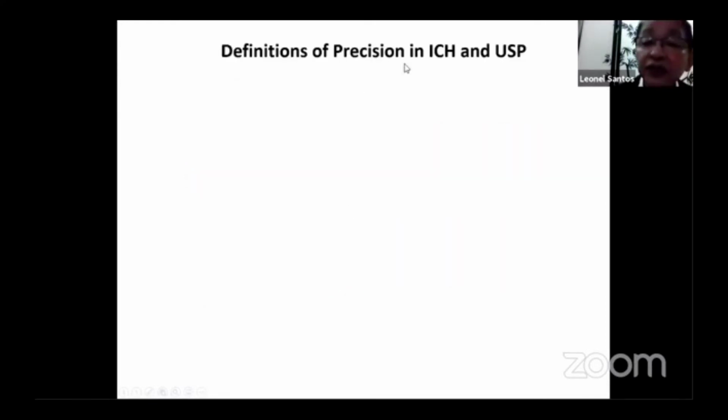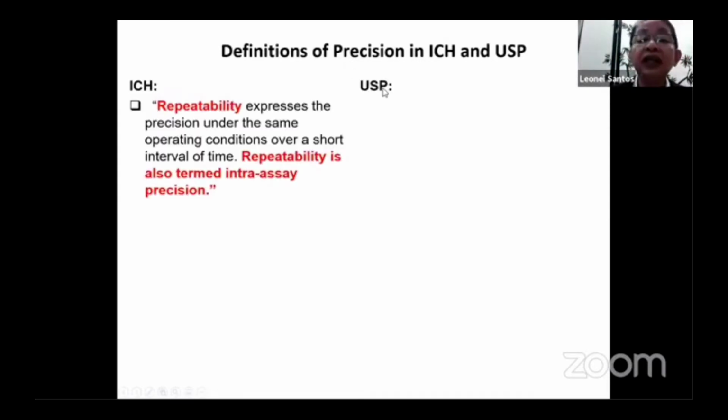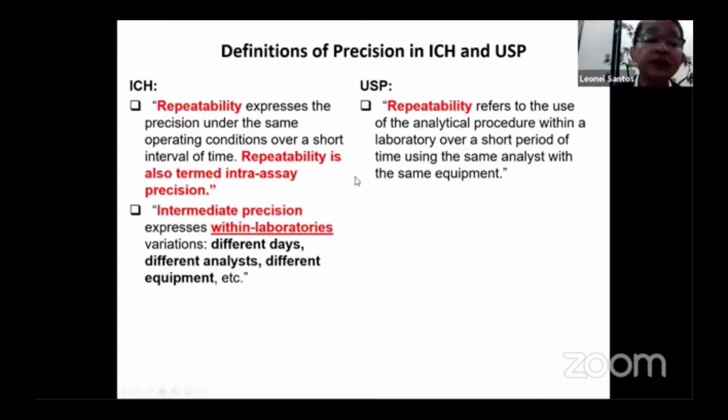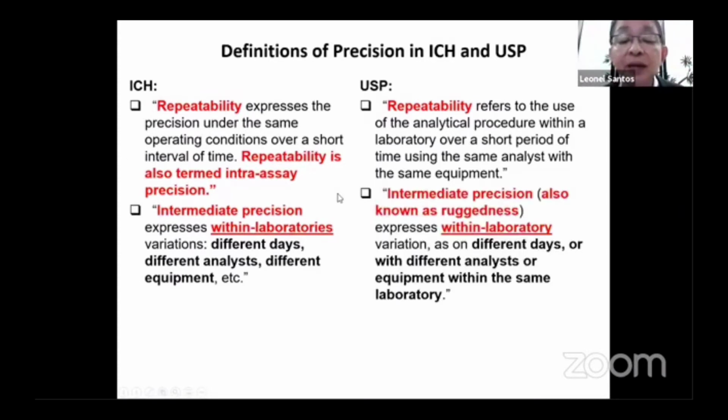In terms of the definition of precision between ICH and USP, ICH has three things about precision. One would be the repeatability, and it's the same definition for USP, which is the same laboratory for a short period of time, same analyst, and same equipment. ICH also uses the term intermediate precision, which is within the laboratory, different days, different analysts, with equipment in the same laboratory.